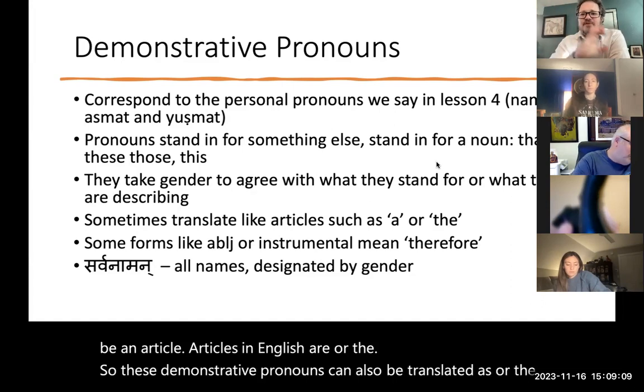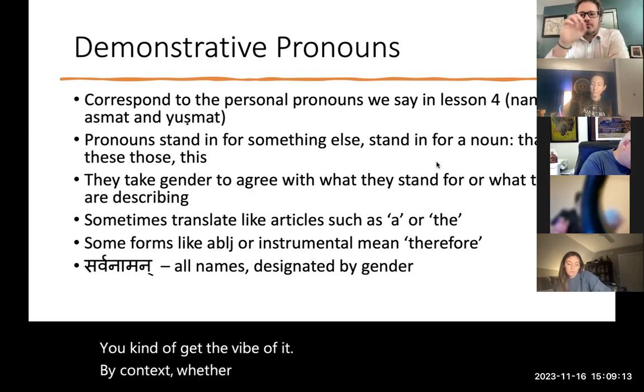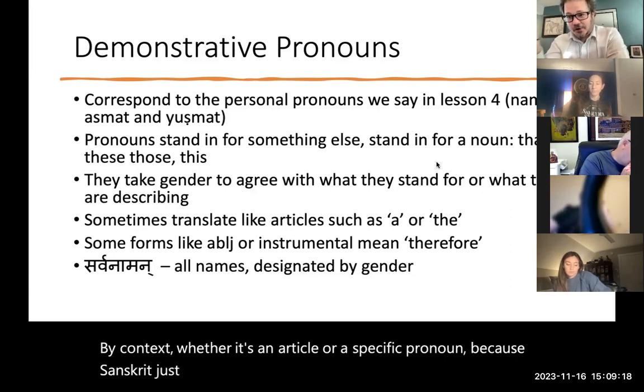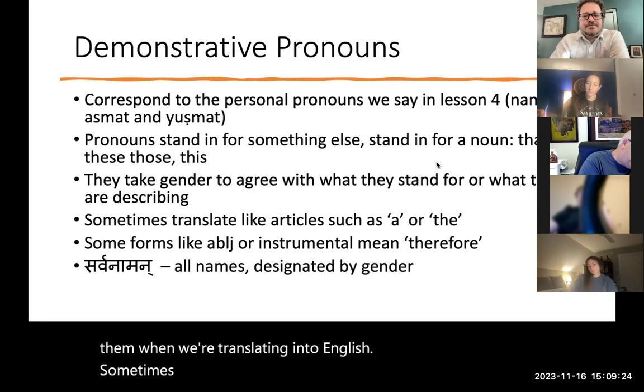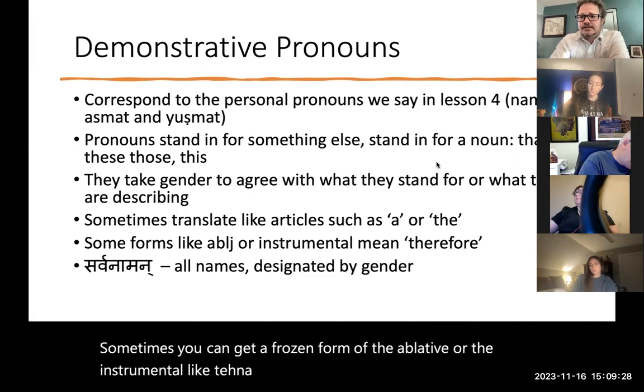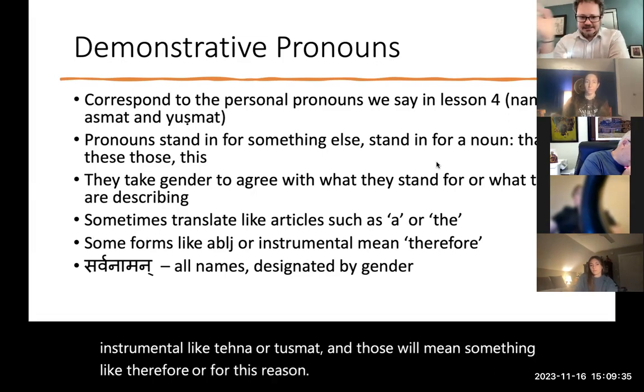You get the vibe of it by context, whether it's an article or a specific pronoun, because Sanskrit just plain doesn't have articles. So we have to provide them when we're translating into English. Sometimes you can get a frozen form of the ablative or the instrumental like tena or tasmat, and those will mean something like therefore or for this reason, in this case.